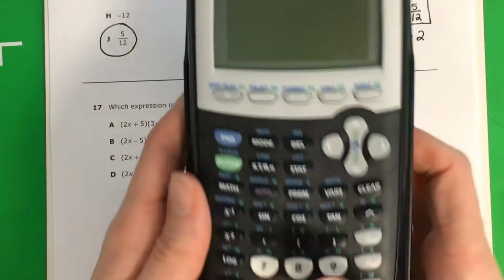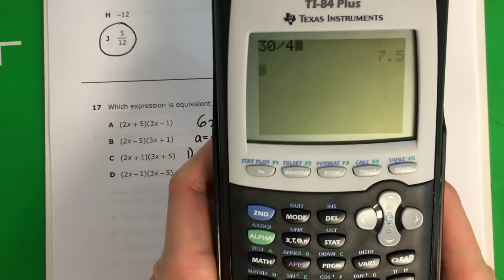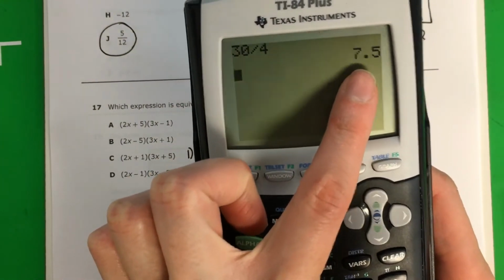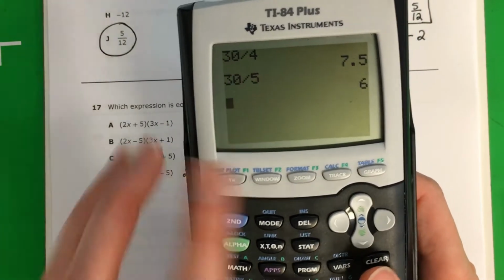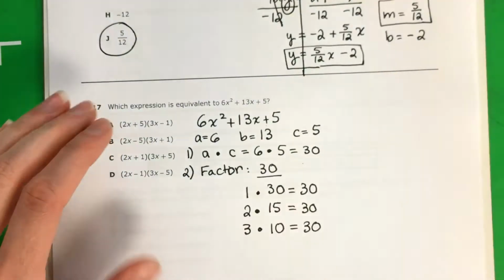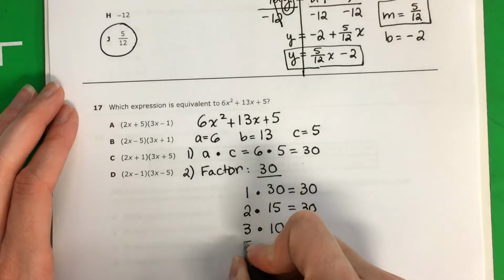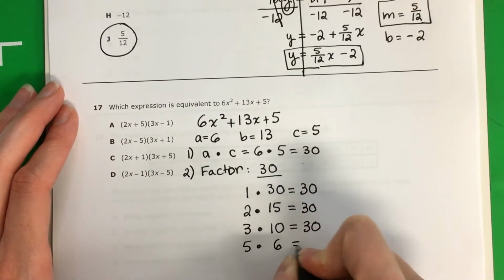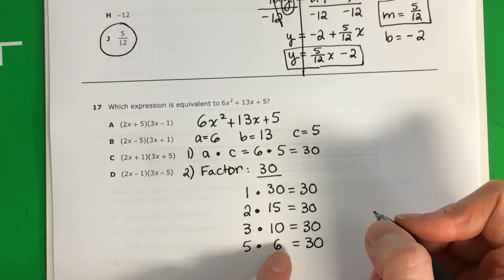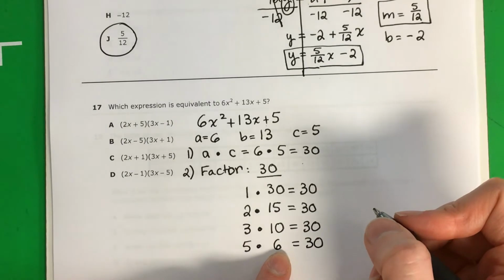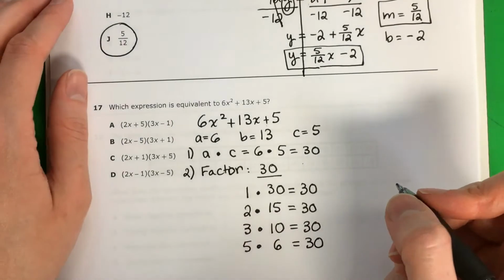Let's do 30 divided by 4. Okay, that's a decimal, so it doesn't work. After 4 is 5. 30 divided by 5. So I have 5 times 6 equals 30. After 5 is 6, but I already have a 6, so I don't need to do it again. I can stop right here.